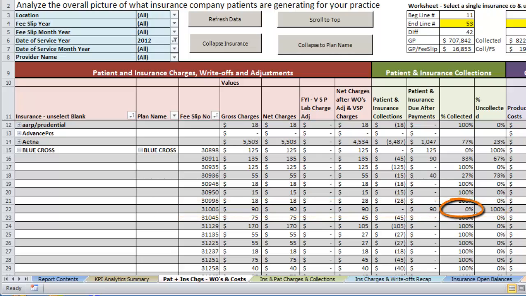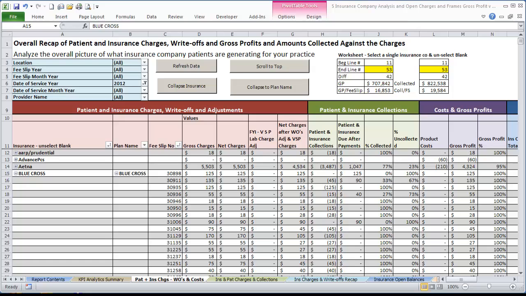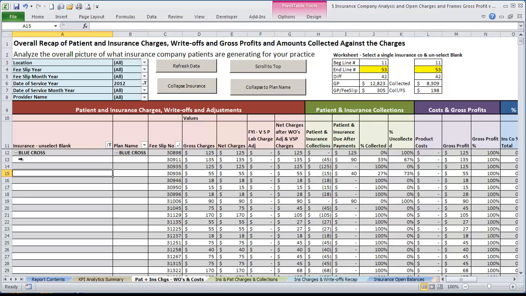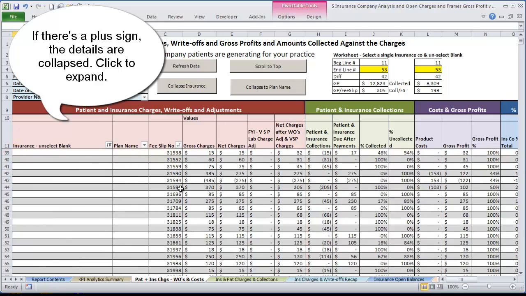To compute gross profit per fee slip or total patient insurance collections per fee slip, select the period, whether months, quarters, or years, and select a single insurance company, for example, Blue Cross. Click the plus sign to see the detail and scroll down to the bottom line.